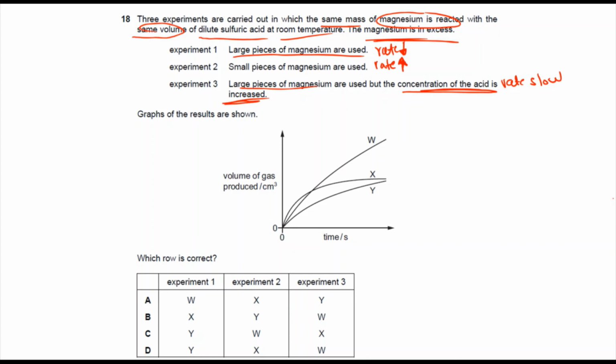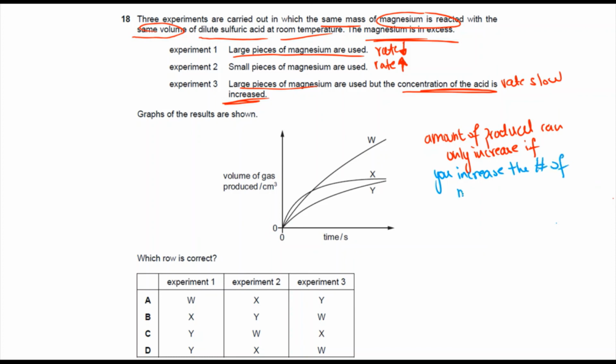अब मुझे बताओ, मैंने आपको पहले भी लास्ट वीडियो में बताया था that the volume of, you can say, the amount of product can only increase if, इसको मैं डिफरेंट कलर से लिख देती हूँ, if you increase the number of moles of the reactants या reactant. अब मुझे बताओ, यहाँ पे we have magnesium reacting with H2SO4, right?